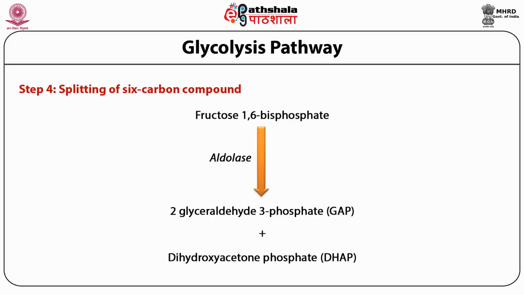Step 4, splitting of the 6-carbon compound. The aldolase enzyme catalyzes reaction 4 of glycolysis. The two trioses, glyceraldehyde 3-phosphate and dihydroxyacetone phosphate, are released when fructose 1,6-bisphosphate is cleaved.